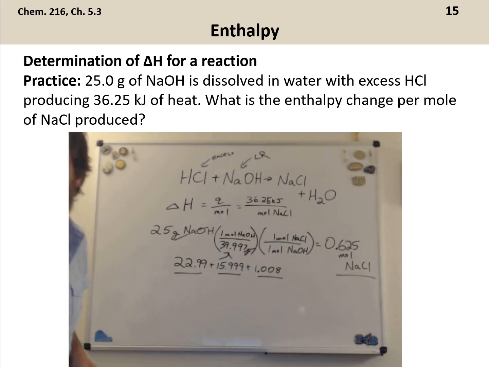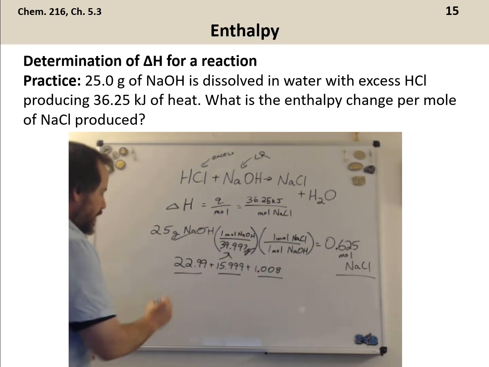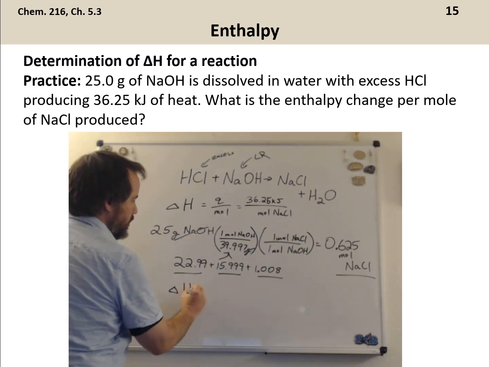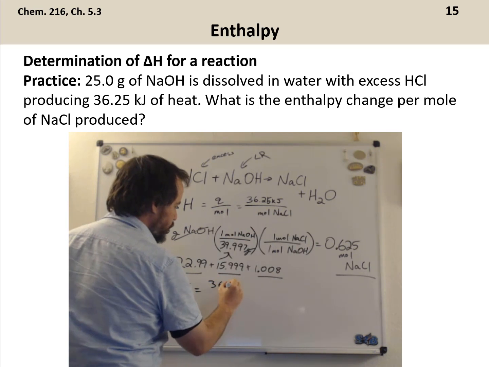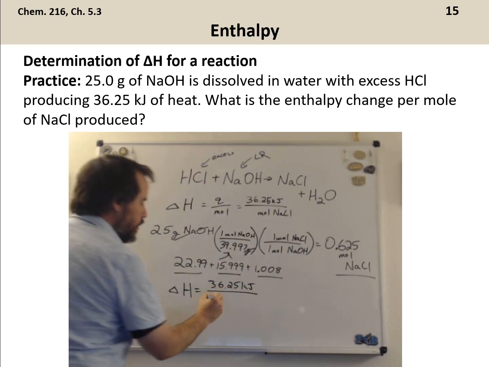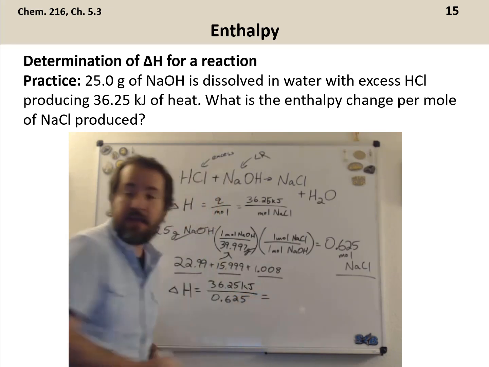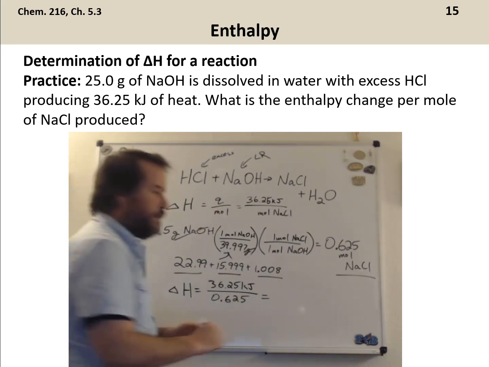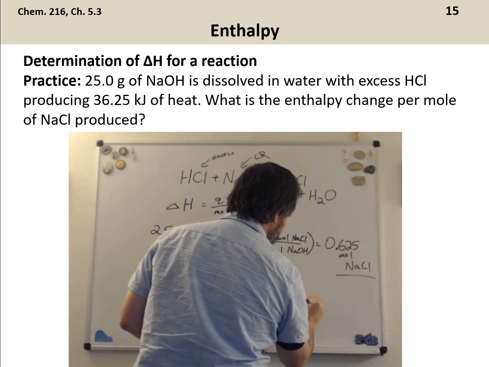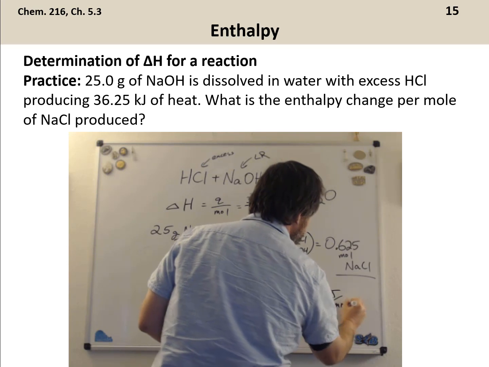All right, now this value goes there. So I can find delta H equals 36.25 kilojoules over 0.625, and that's going to get me 58.0 kilojoules per mole.